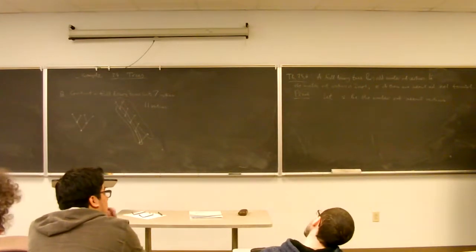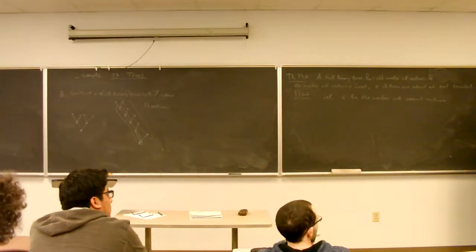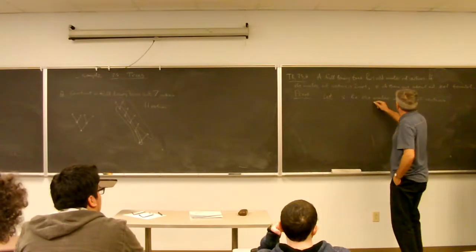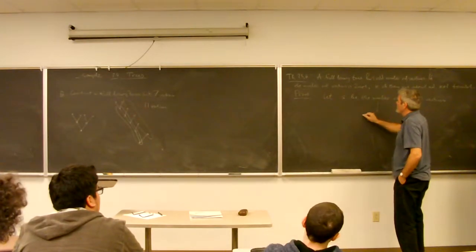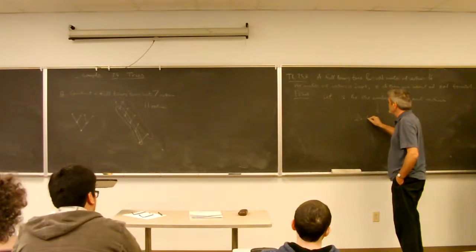How many children do they have? Every internal vertex must have two children, because otherwise it's terminal. You cannot have one child. You either stop or you have two. So generally, those S internal vertices have how many children? 2S children.